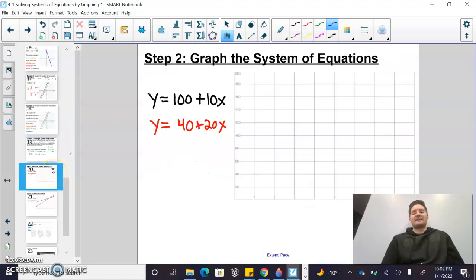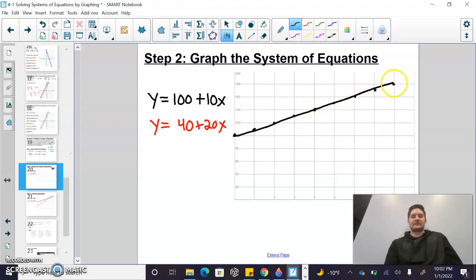Now, of course, we have to graph them. Monisha starts on 100, so we're going to graph that. And every day she reads 10 pages, so we're just going to mark every day. Since this goes up by 20 each time, half of it would be 10. So she's going to read 10 pages every single day.